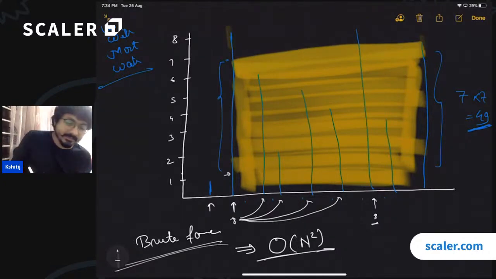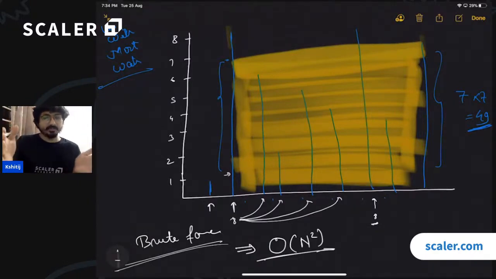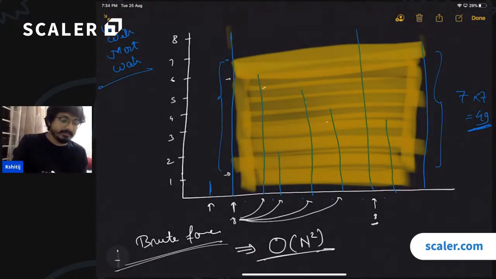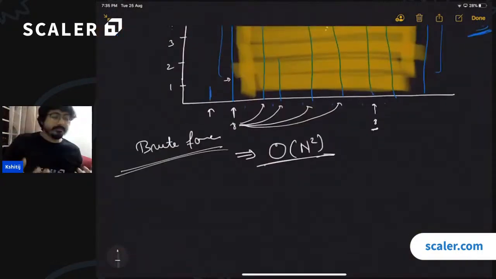You know that there is a bar of height 8 after a certain distance. So in between these two bars, all the bars are of smaller heights. Can I say that area of this bar between any of these bars is always and always going to be less than the area between these two bars? Yes, right? So what do I have to find?